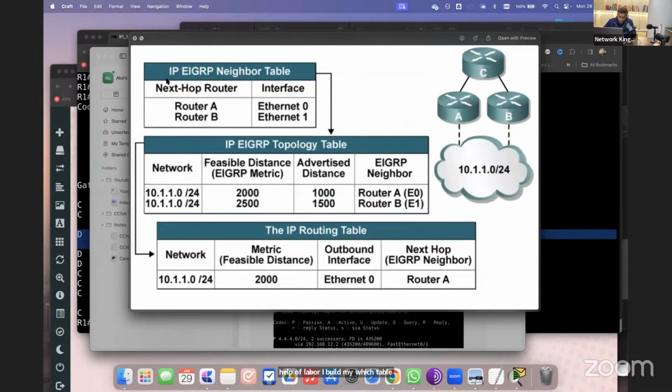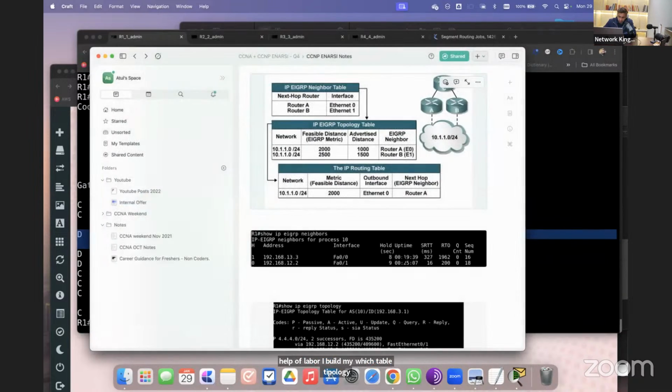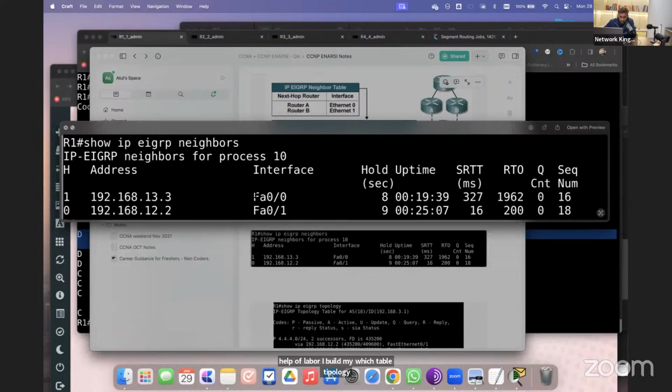Here, the neighbor table will only give me information: for how many minutes I am up, for how many minutes we are connected. 25 minutes back we got connected. This is the smooth round trip timer, SRTT. It means when I send you a packet, I get the acknowledgement back in how many milliseconds.